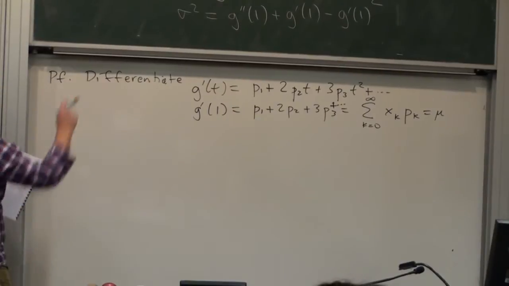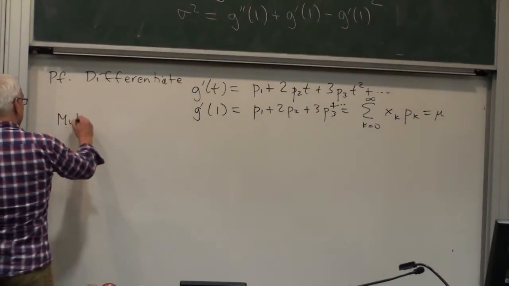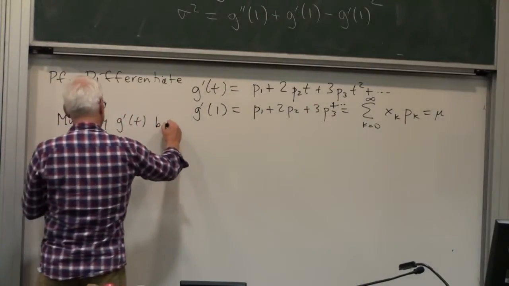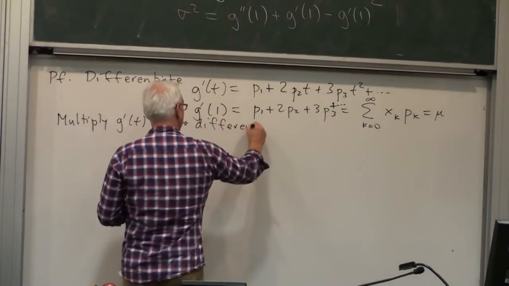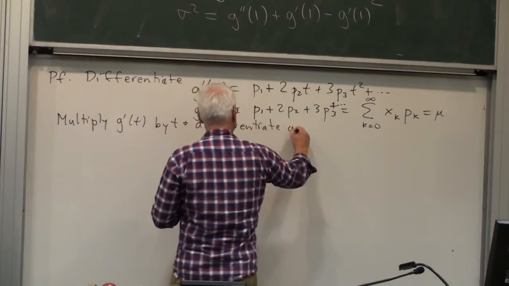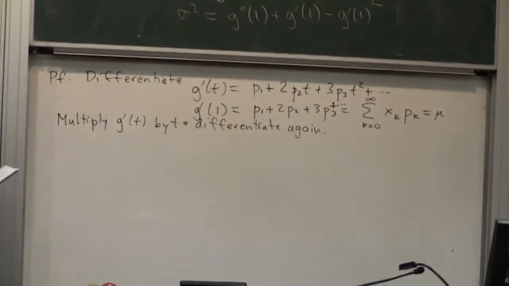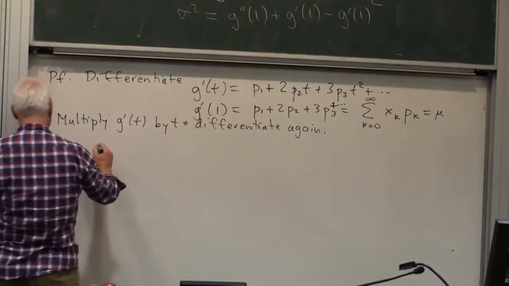Now to get the variance, we have to do a little bit more work. So we multiply g prime of t by t and differentiate again. All right, so I'm going to take the derivative right here, and I'm multiplying it by t.